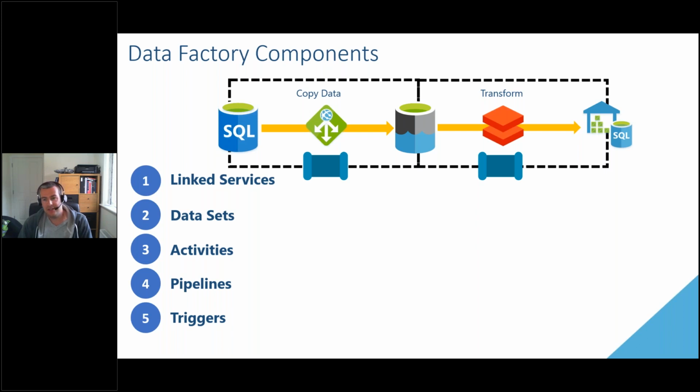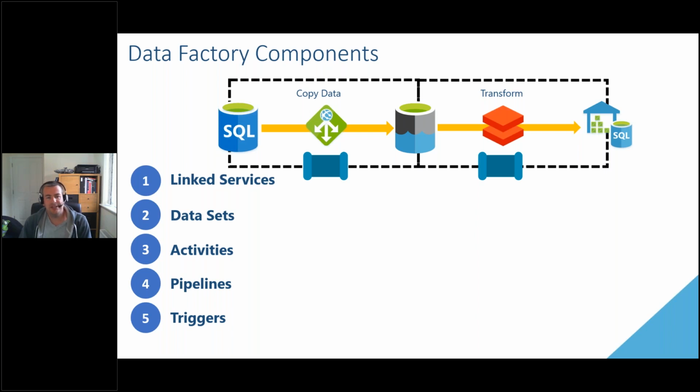If we were talking to a SQL database, for example, the linked service would contain the host name, the database we're talking to, maybe the username and password, or if we're talking to a key vault, whatever. Last time I checked, Data Factory had just under 100 different linked services that it could interact with, with those credentials and connection information. So that's number 1. We need a linked service for Data Factory to talk to something.